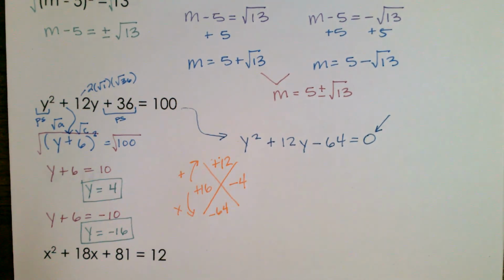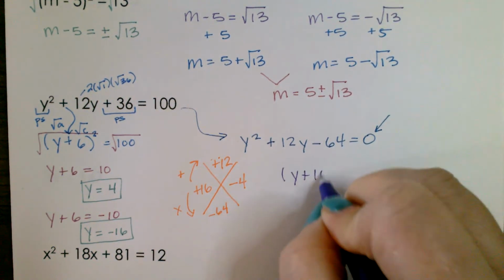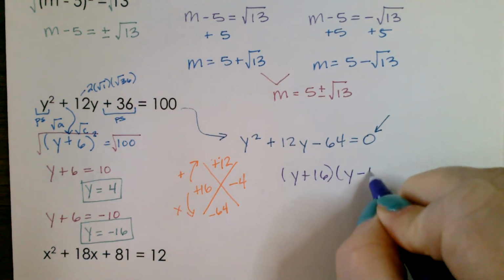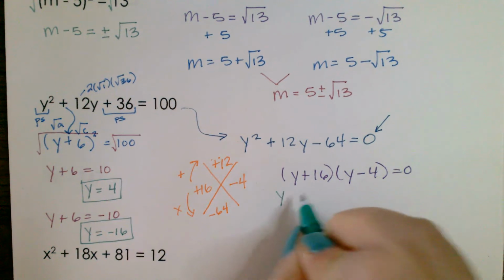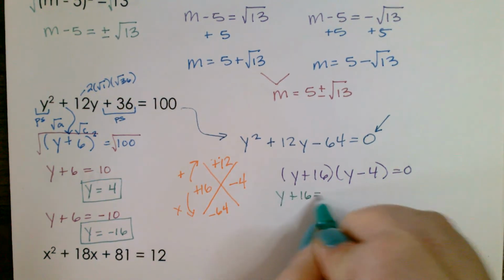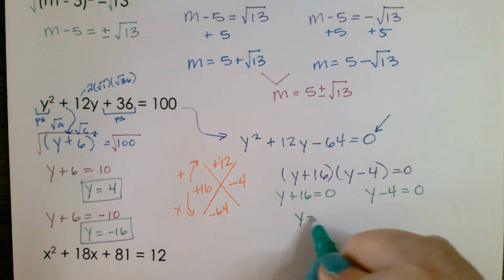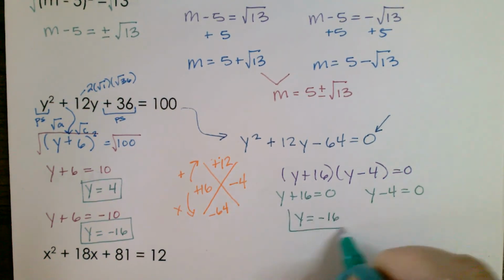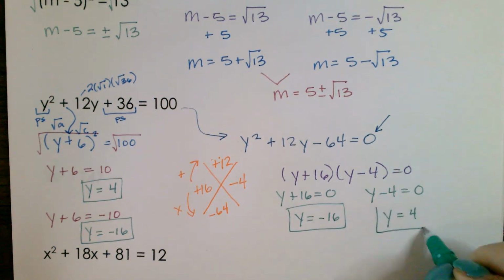Multiply those, you get negative 64. So y plus 16 times y minus 4 equals 0. Set each of those equal to 0. We would get a root of negative 16. We would get a root of 4.